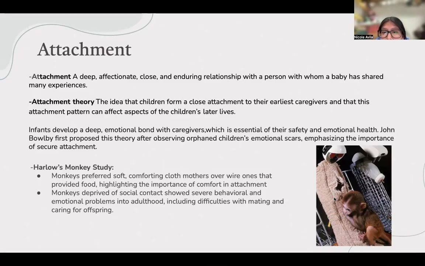And obviously the baby monkey preferred the soft cloth mother over the wire one.